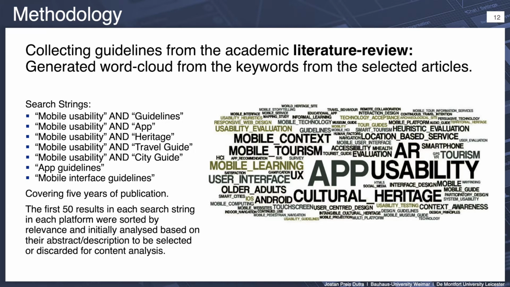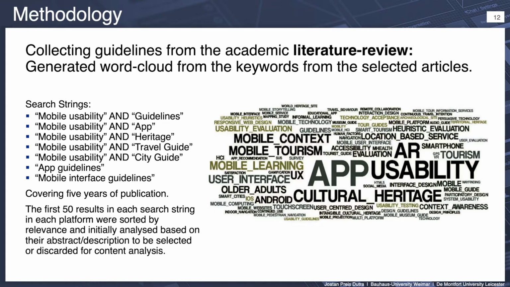And it was searched using a string such as mobile usability plus guidelines plus app plus heritage plus travel guide plus city guide, apps guidelines, mobile interface guidelines, and then the first 50 results that were relevant for these search strings from the last 5 years were selected. And then from each platform, for each string, the first 50 results were collected.